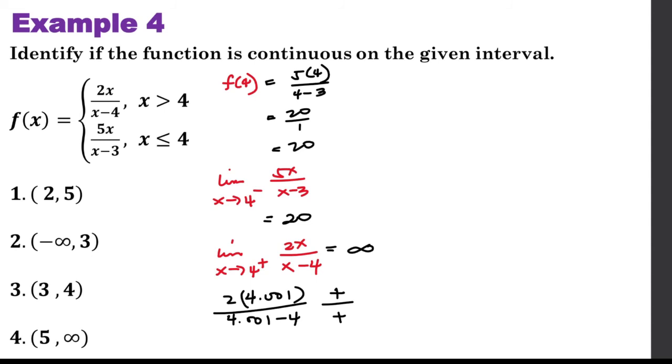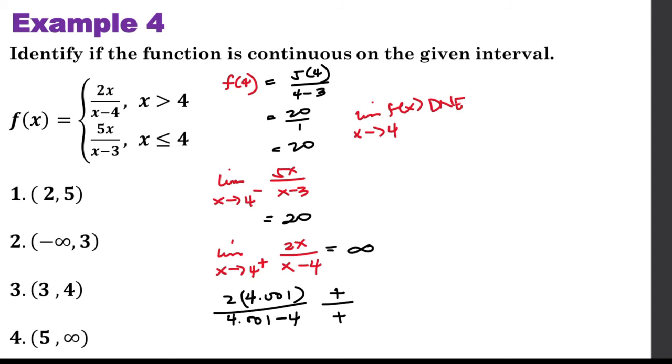And since the left-hand side limit is not equal to the right-hand side limit, then the limit of the function as x approaches 4 does not exist. And therefore, we are discontinuous at x is equal to 4. Now, going back to the given function, the second function, 5x over x minus 3, is discontinuous at x is equal to 3.